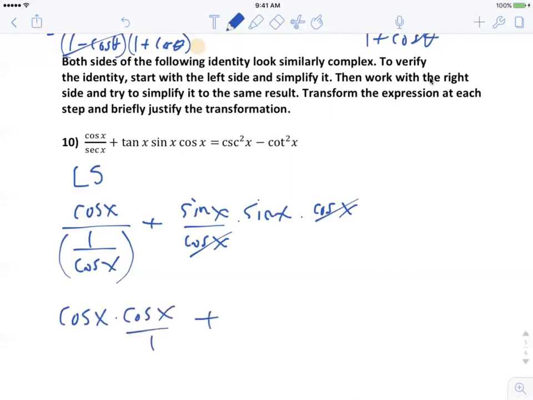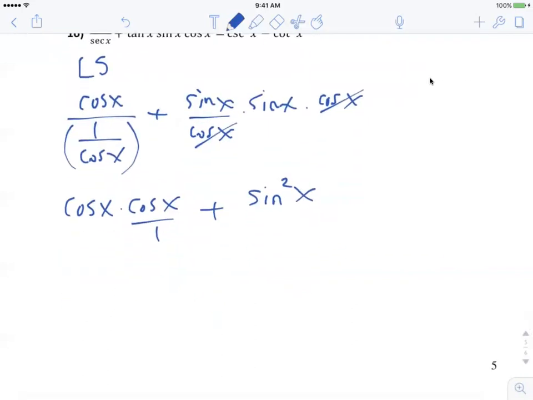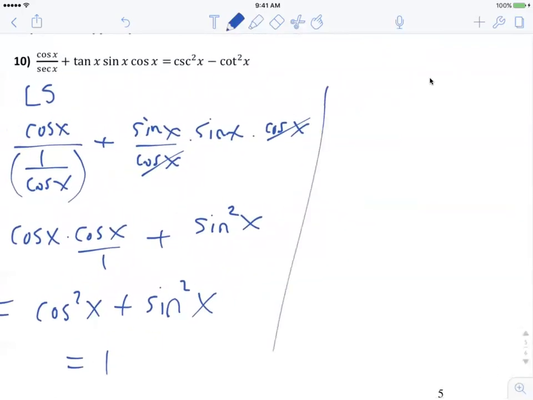And then here I have sine times sine, that's sine squared. Cosine times cosine is cosine squared. And then if you know your Pythagorean identities, this is awesome because that just equals 1. Okay, so notice here, I just work with the left side and I was able to simplify it all the way down to 1.